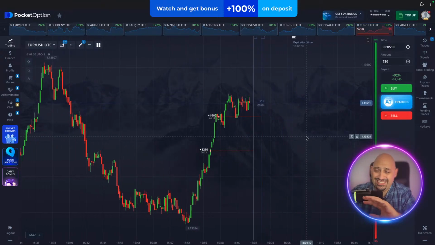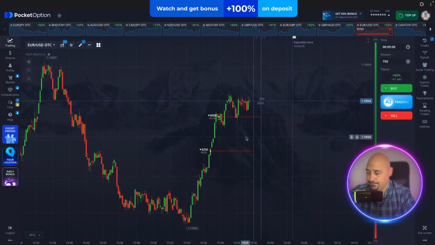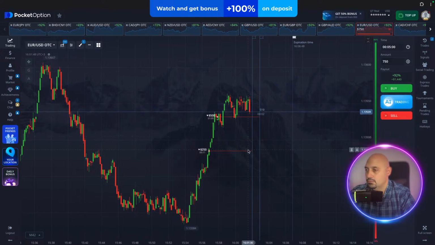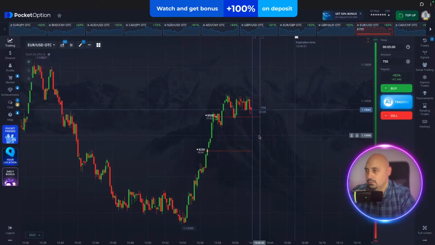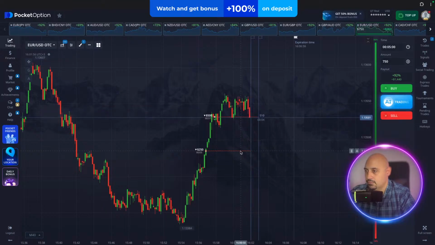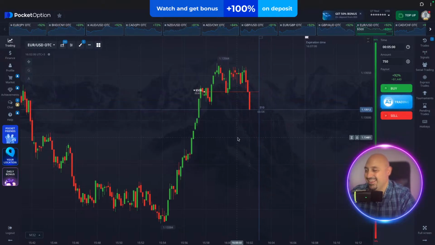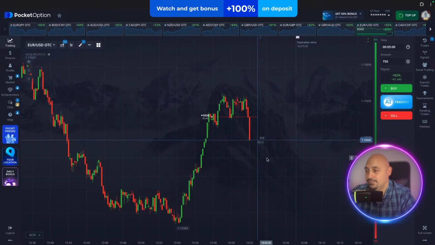I'm not even using any technical indicators whatsoever. Seven seconds to go for this one. It's like there's a support line here, and it's like trying to stay above it. There we go.